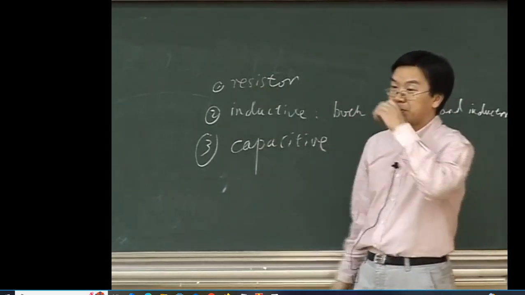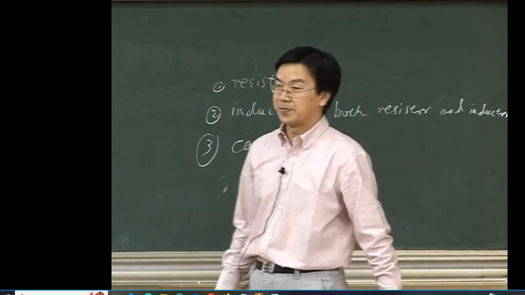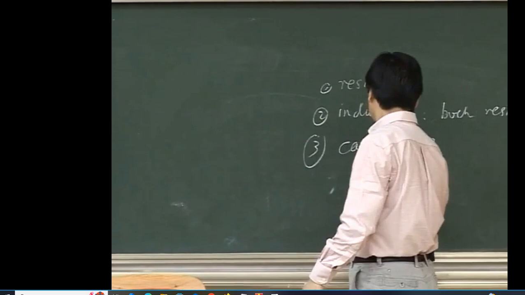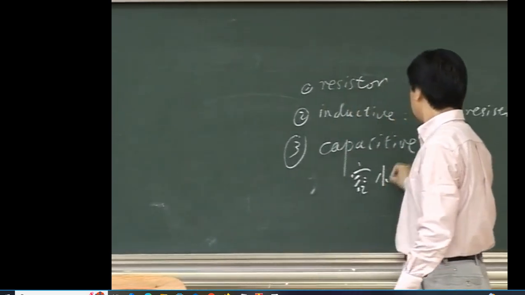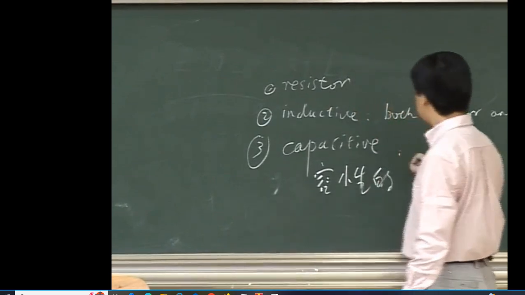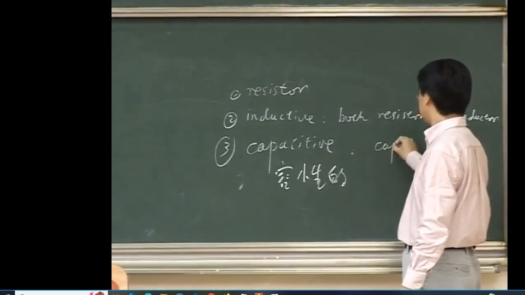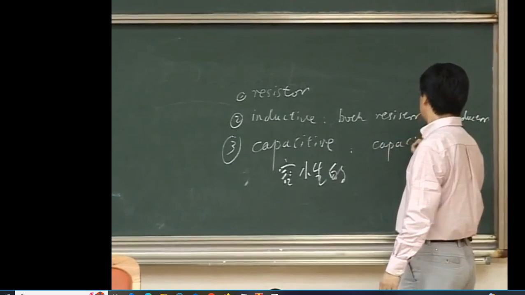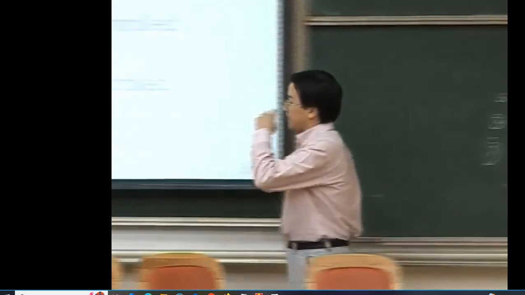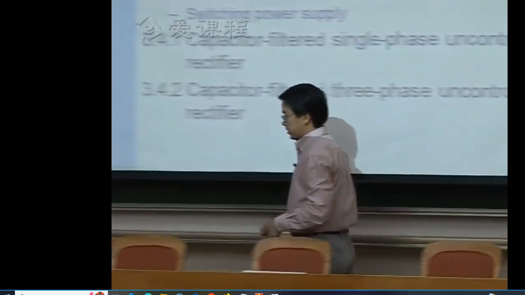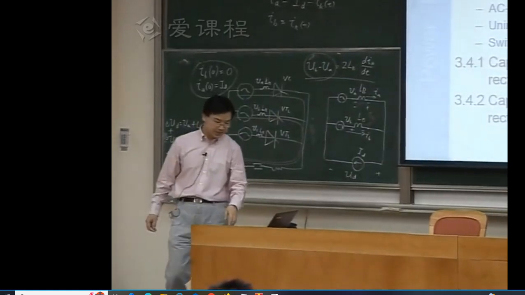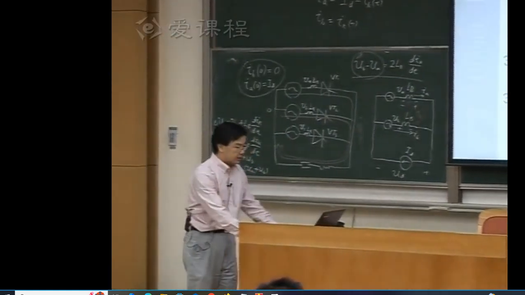Here it is. We're going to talk about the capacitive load. Capacitive means you have at least one capacitor in the load. But this part we will not get into very much detail.